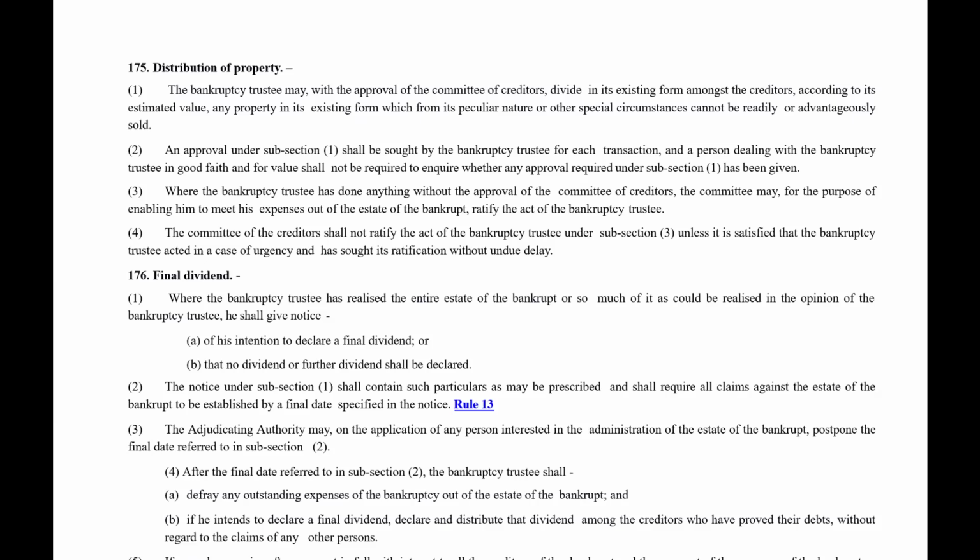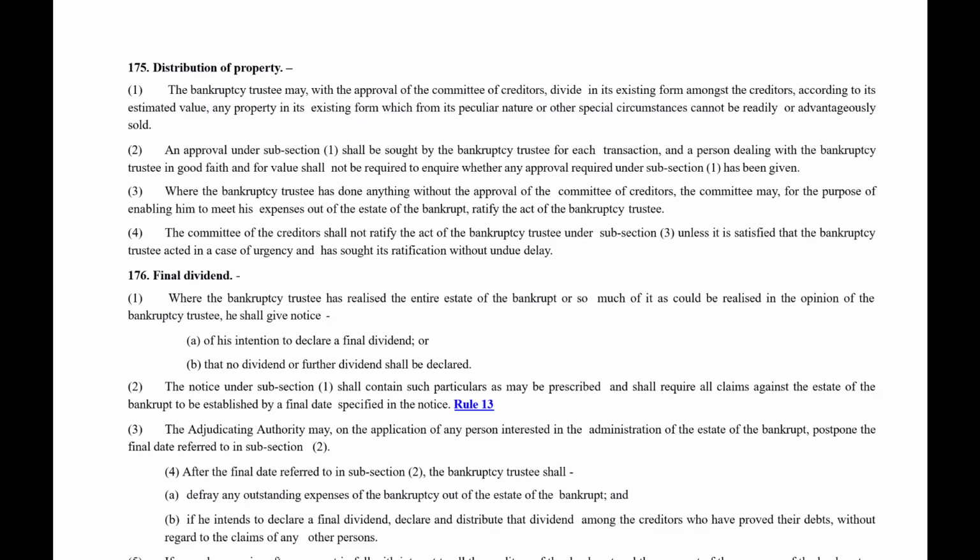If you go to liquidation process regulations, you may get it. Regulation number 38. Regulation 38 of liquidation process regulations. The liquidator may, with the permission of the adjudicating authority, distribute among the stakeholders an asset that could not be sold, assigned or transferred due to its peculiar nature or other special circumstances. So it seems the same here also, right? Yes, sir. There you have to take the approval of the adjudicating authority. Here whose approval do you have to take? The committee of creditors. Okay.